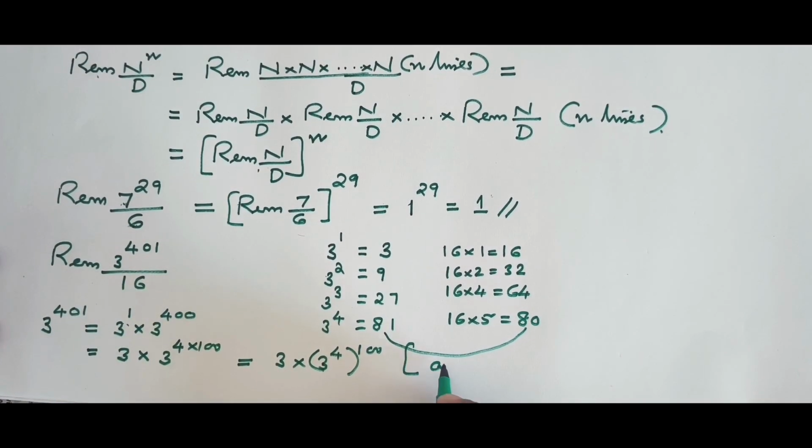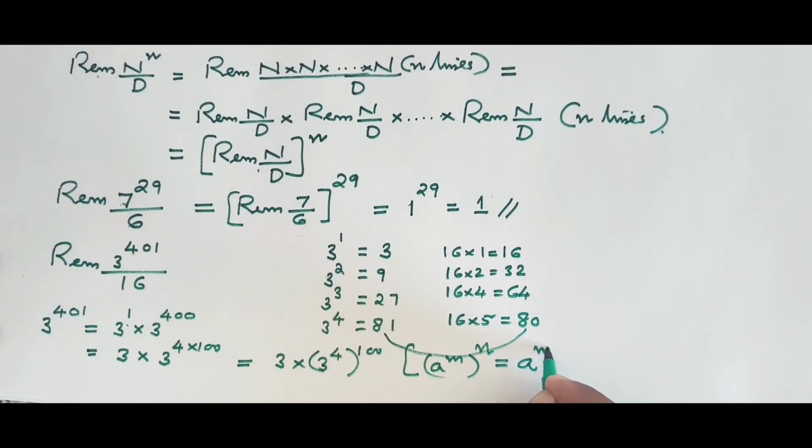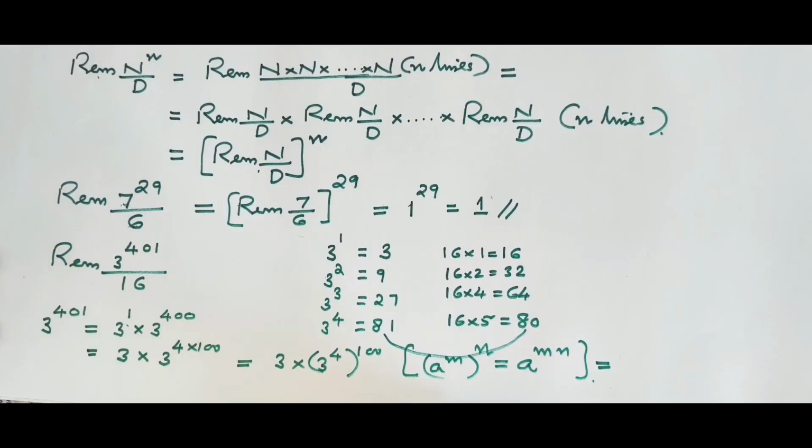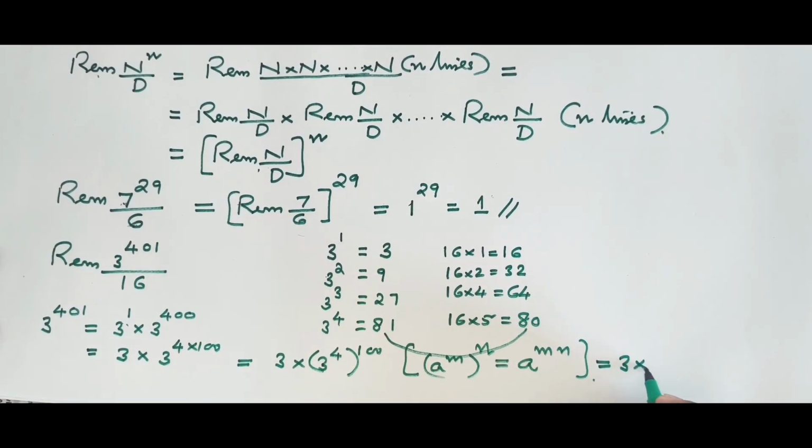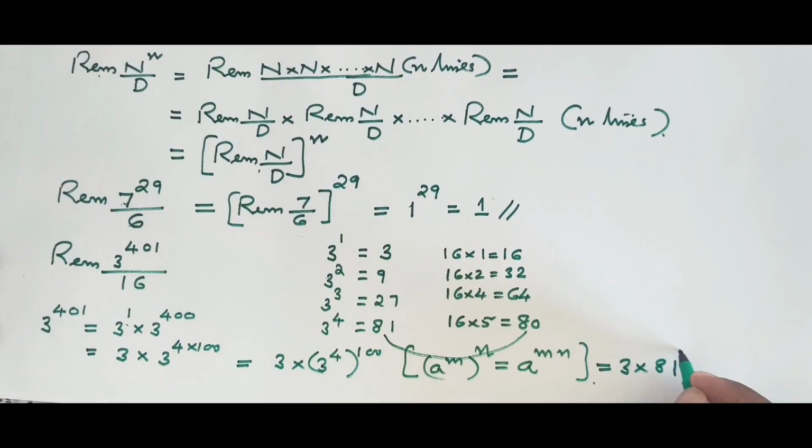I am using this result: a to the power of m, the whole to the power of n, equals a to the power of mn. And this is equal to 3 multiplied by 3 to the power of 4, which is 81, to the power of 100. So the dividend in the problem, through a few changes in the powers, has been converted to this number.